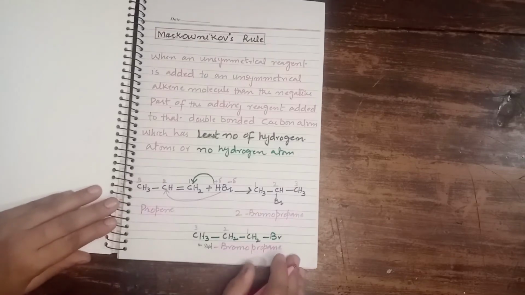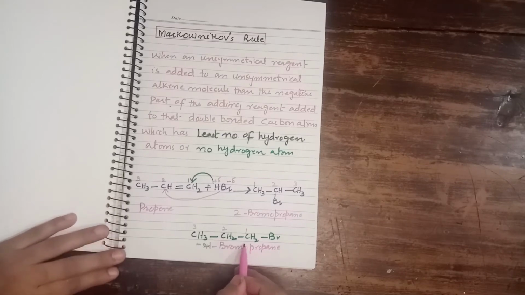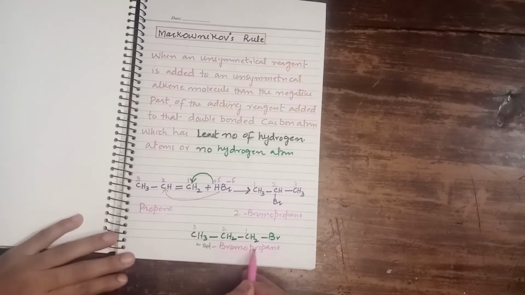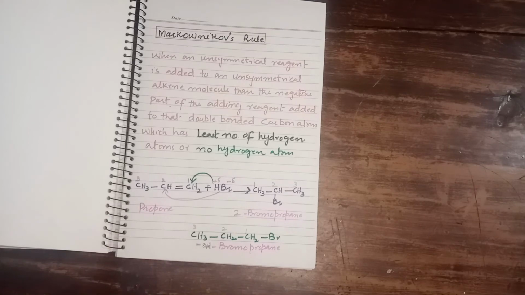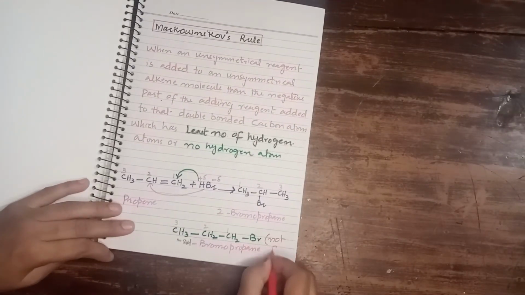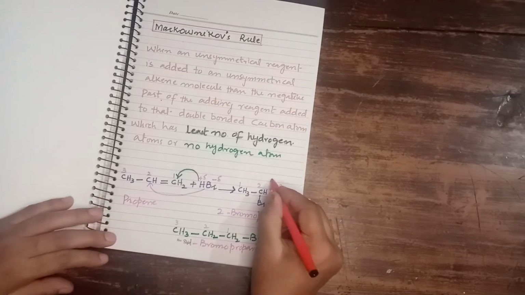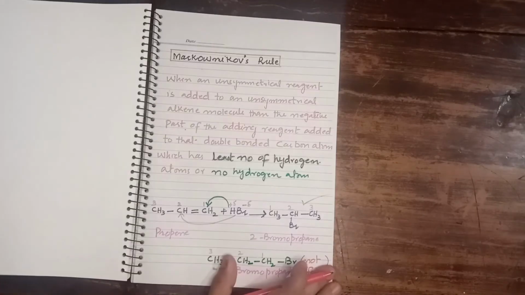Now students, this product is not according to Markownikov's rule, right? So this is not the actual product. This product is not formed because it is not according to Markownikov's rule. This product is formed, right?